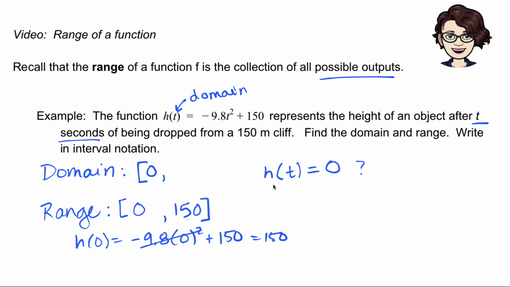So let's go back to what time, we're trying to solve for t. What value of t makes the height 0? So let's try graphing this. We're going to go to Desmos here.